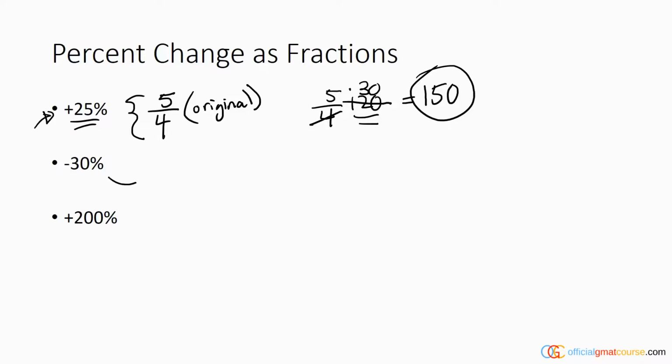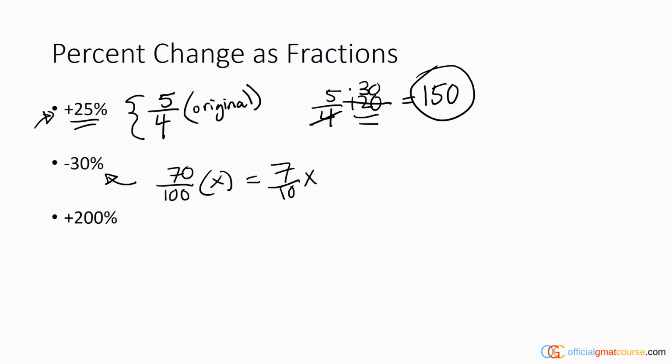Now a negative 30% change is the same idea, but it looks slightly different. So if I lose 30%, I'm left with 70% of my initial value. And so I would have 70 over 100 times x if x represents the original, which is equal to 7/10 of x.